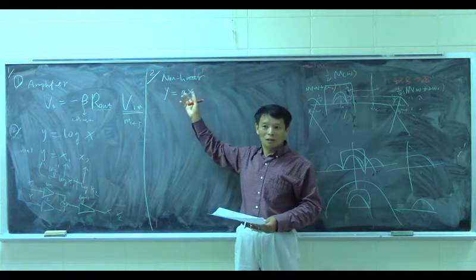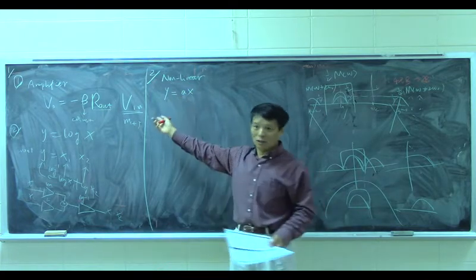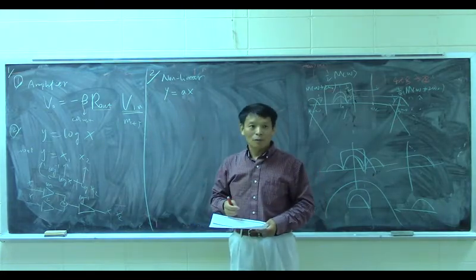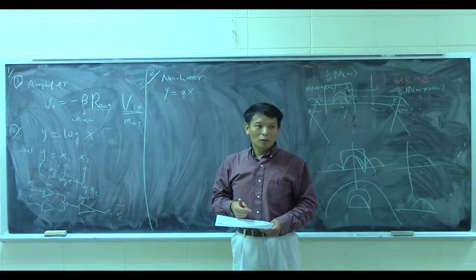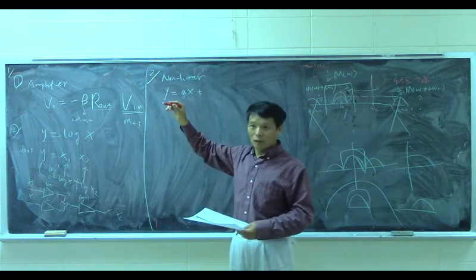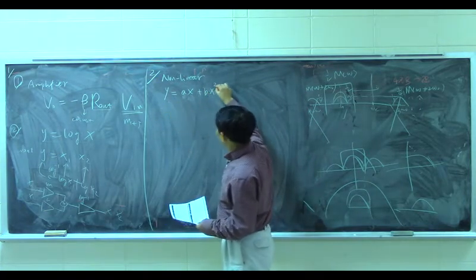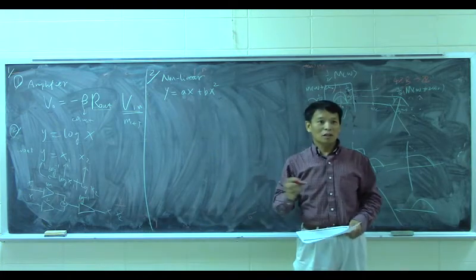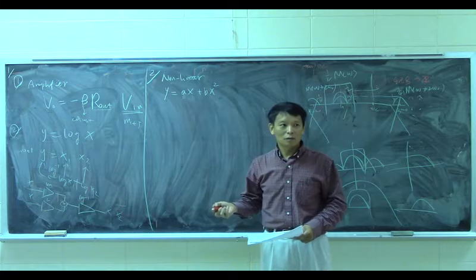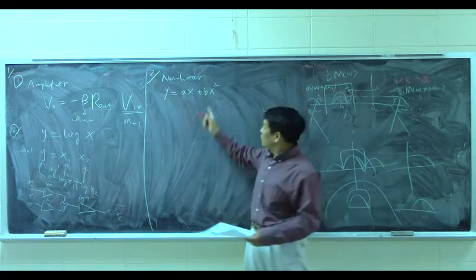So that's a linear circuit. If you draw this, it is a straight line, y equals ax, and this is the slope. For a nonlinear device, we need to have a quadratic term, that's bx squared, like in a diode or in a transistor, a higher order approximation. So we have a square here.